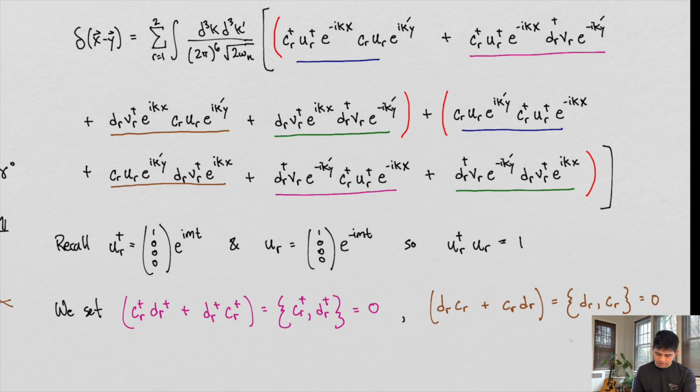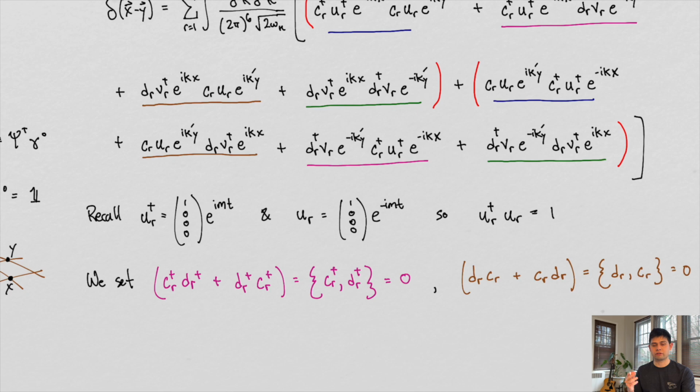Okay. That's D dagger, C dagger. D, C, C, D. And D, D dagger, D dagger, D. You could start to see how we might be able to factor out commutation relationships here. Since these are all plus signs, we're going to be factoring out anti-commutation relationships, not commutation relationships.